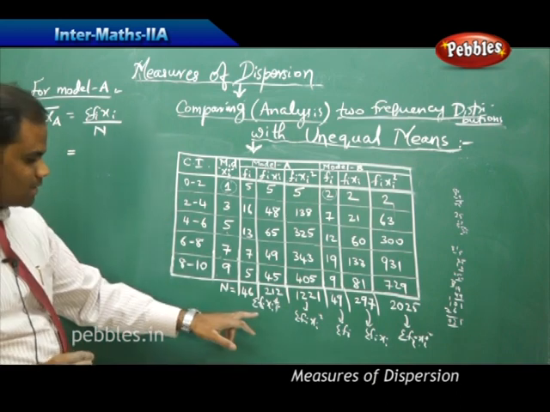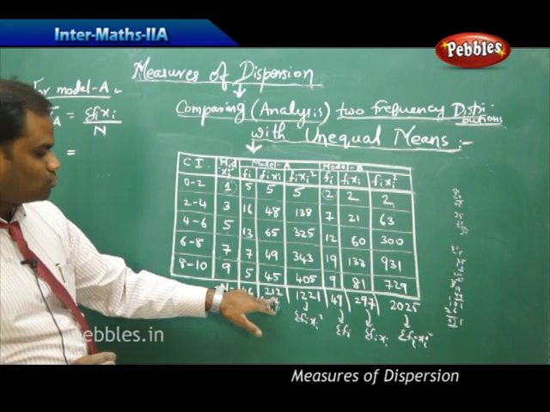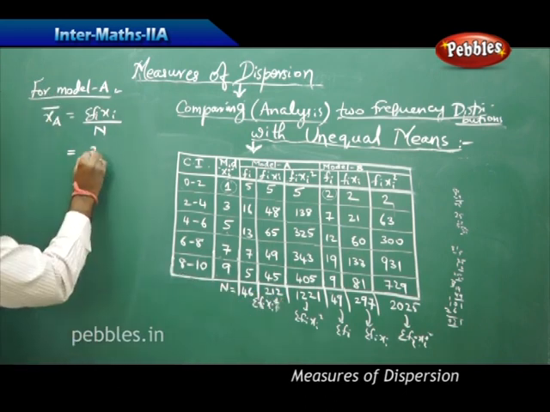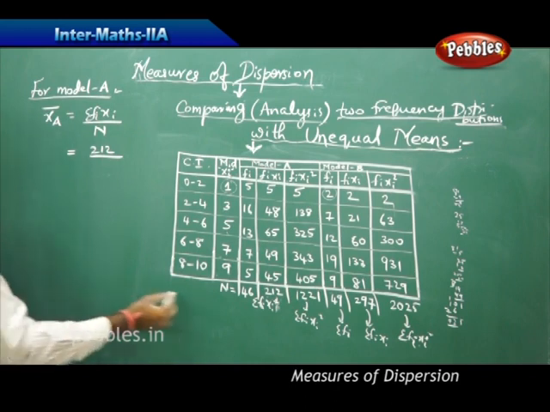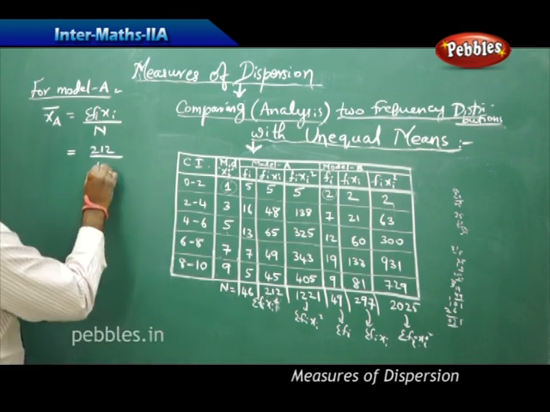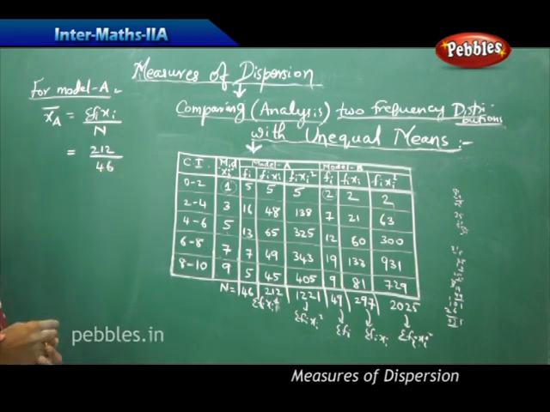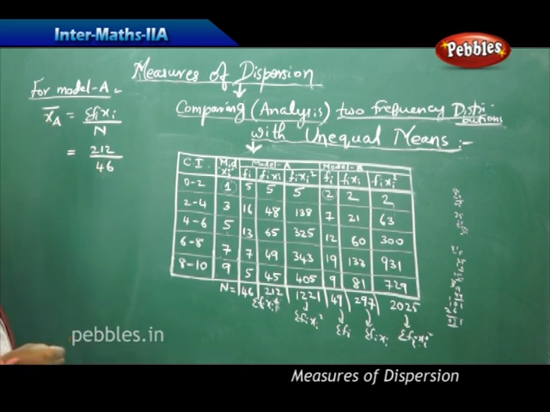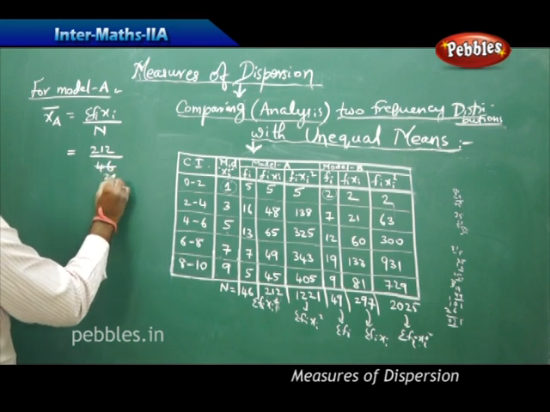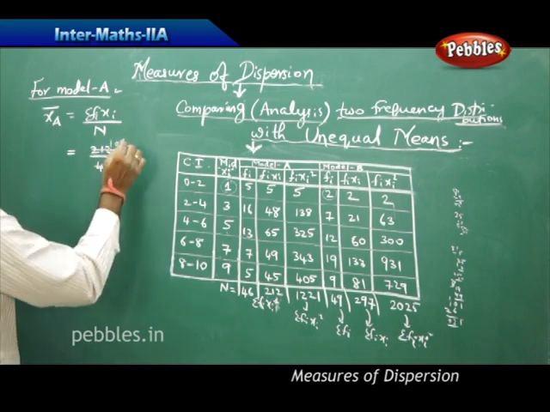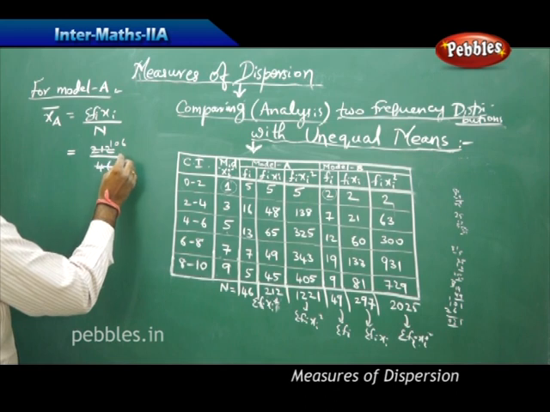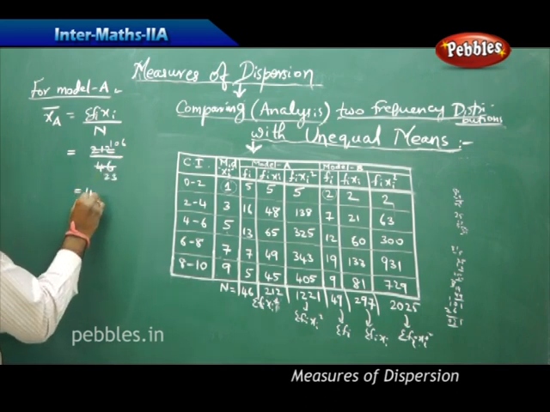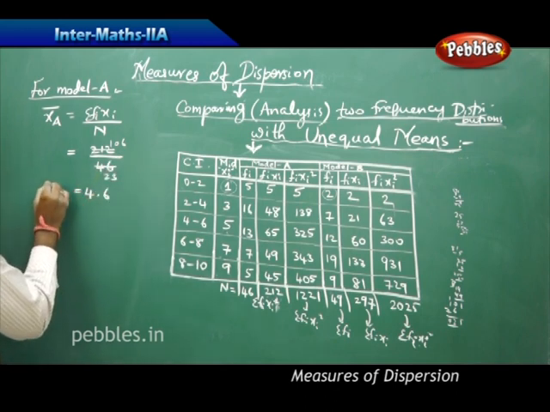Sigma fi xi here is 212, divided by n, which is 46 in this case. So the mean of x for model A is 212 by 46, which on simplification gives 4.6.